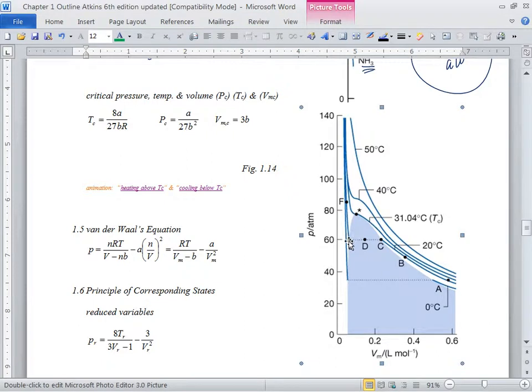Look what happens to the pressure. Melissa, what is going on here? Look at that. Once it all turns into a liquid, the pressure just skyrockets. Why? You're trying to reduce that volume, but you can't. Pressure just skyrockets. What's so special about a liquid?